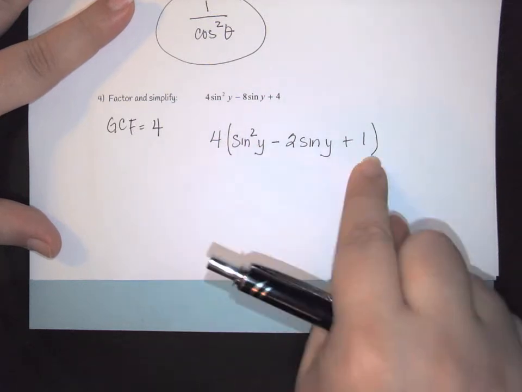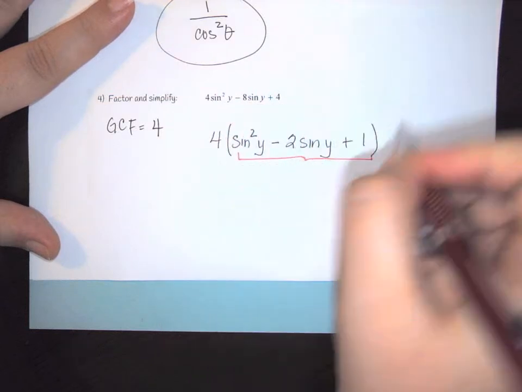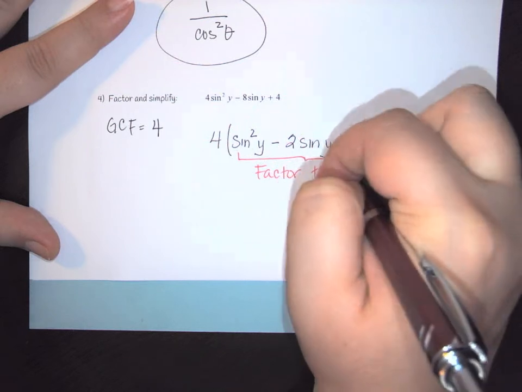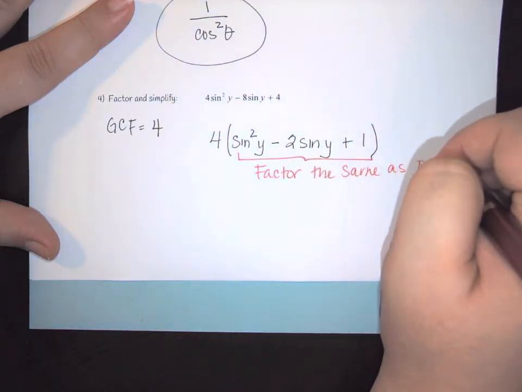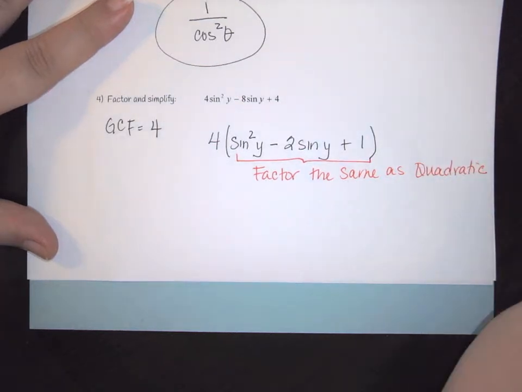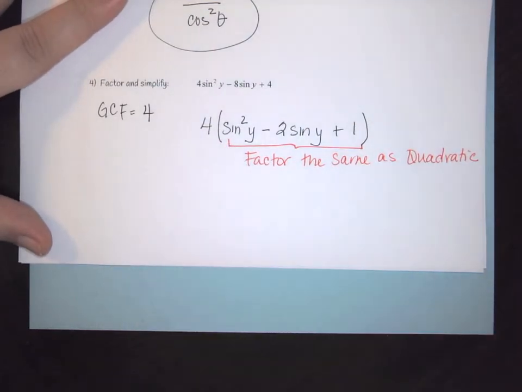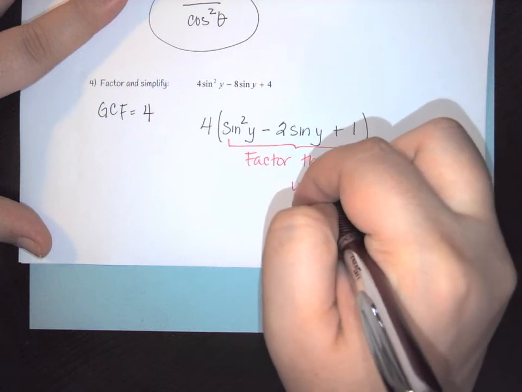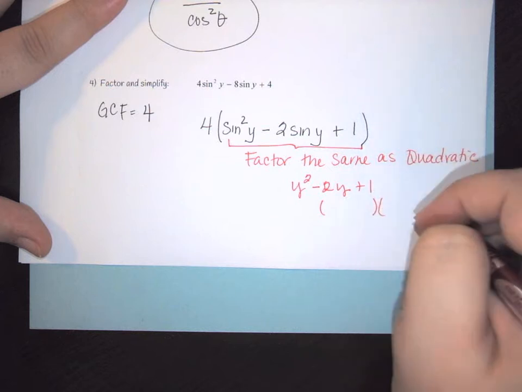Well, if I look at it, this part in here, you are going to factor the same as a quadratic. So what that means is, if I were to look at this through the lens of y squared minus 2y plus 1, we know that we would factor these into its pieces.